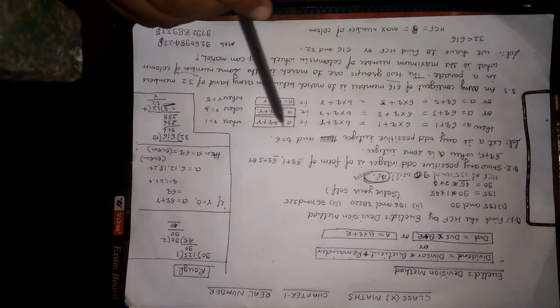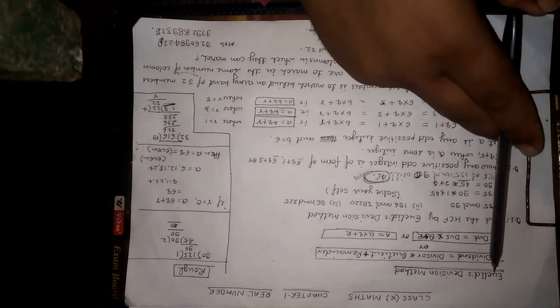You are looking that this is same as we have read in Euclid's division method, where a will be the dividend, b will be the divisor, q will be the quotient and r will be the remainder.